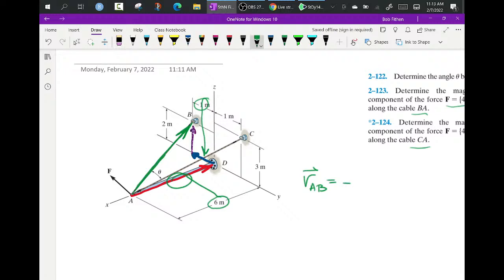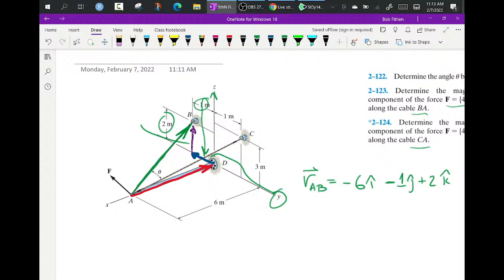I'm running back up the i direction, and the positive x direction is the other way, so I'm running the reverse direction to get from A to B. Then I'm running the reverse direction of j, which I only run 1 there. And then I'll run in the positive direction 2 to get to here. I hope that makes sense. If it doesn't, it's recorded. You can run it backwards here.